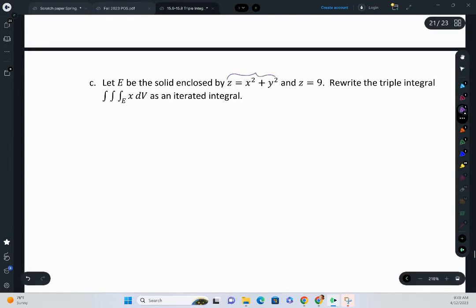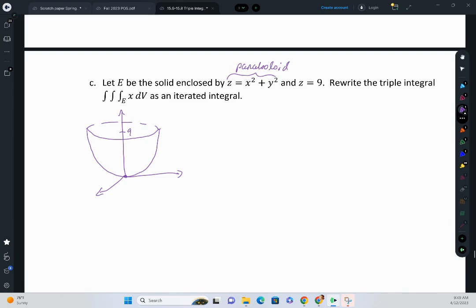This z equals x squared plus y squared, we have to remember that this is a paraboloid. So it just looks like a bowl. And z equals 9 could be its top. So if I draw this on an xyz octant, I could call this 9. This is a solid. We're going to integrate over this whole thing.